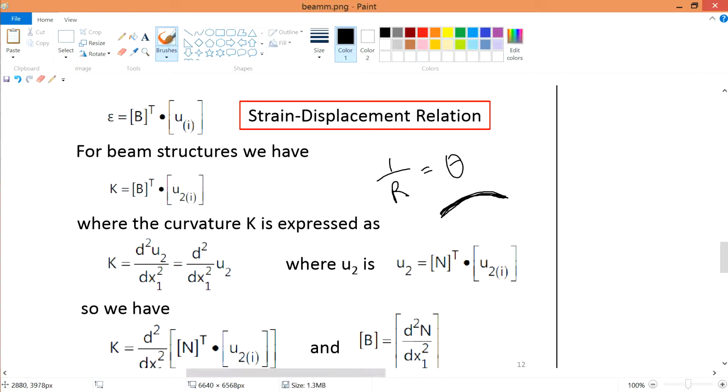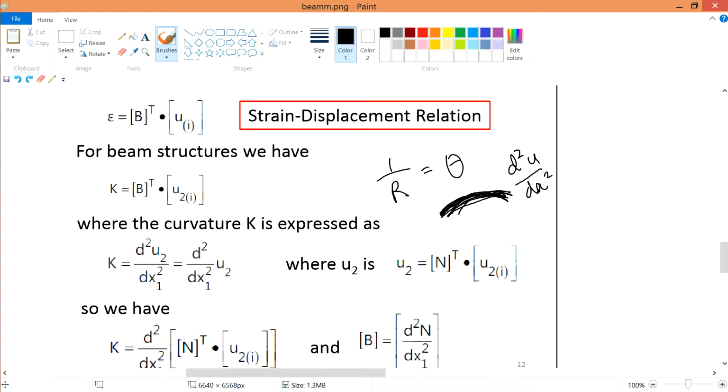The arc length itself is d2u dx square, because it's a quadratic. So your curvature over here is also a quadratic, and therefore you can assume it is d2u dx square. Therefore, we just write this U2 out, where U2 is equal to N^T U2i.